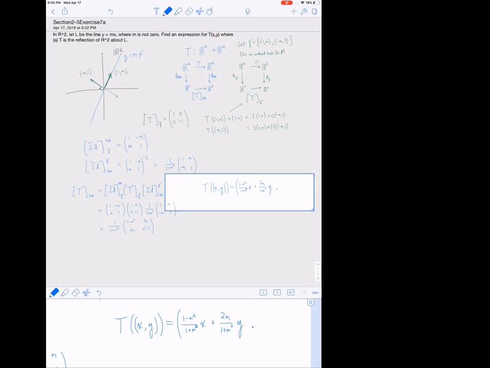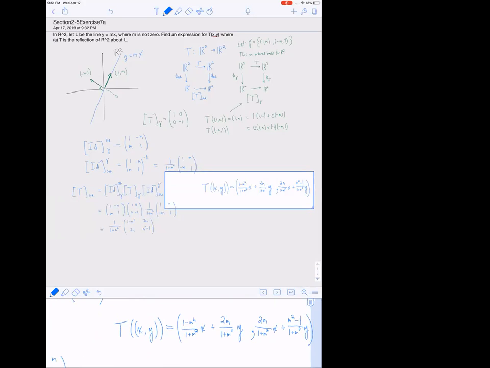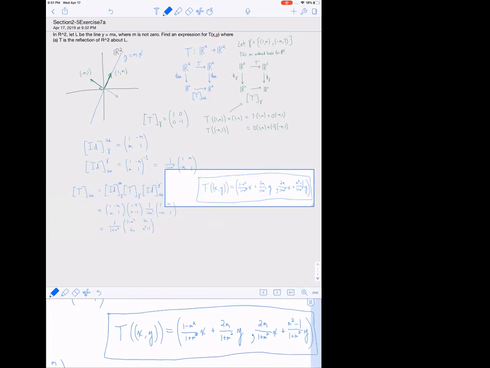That will be the first entry. Then the second entry will be 2m over 1 plus m squared times x plus m squared minus 1 over 1 plus m squared times y. There we have our expression for T in terms of what it does to an arbitrary pair of coordinates x, y.